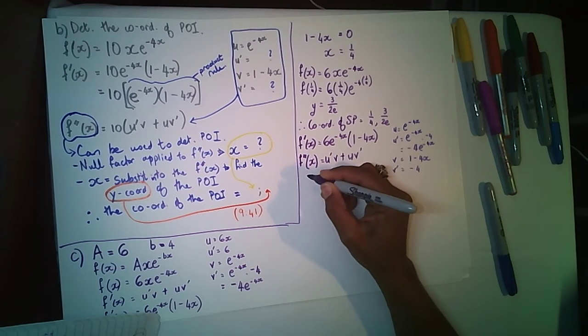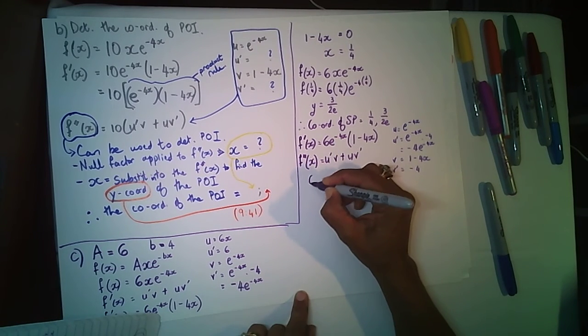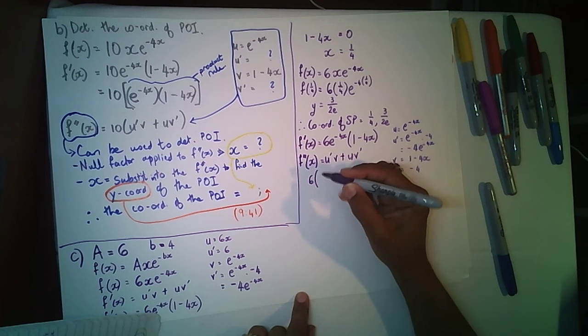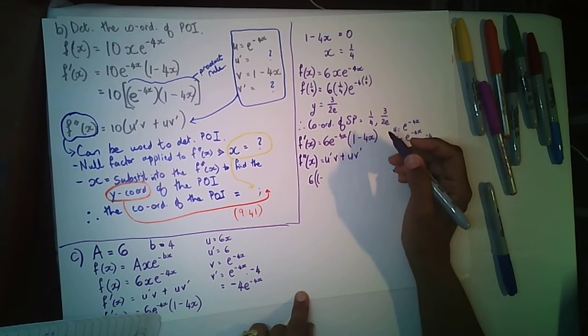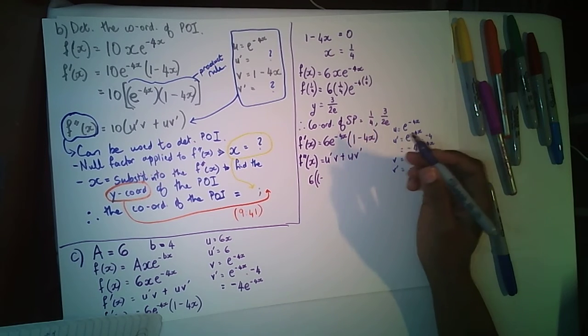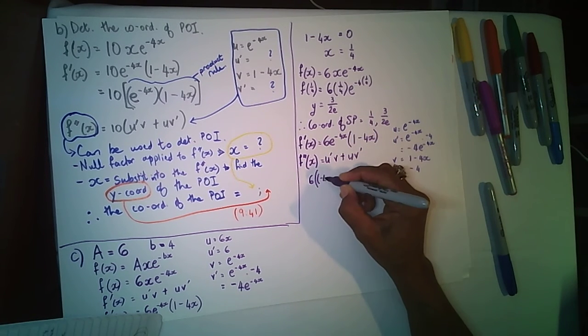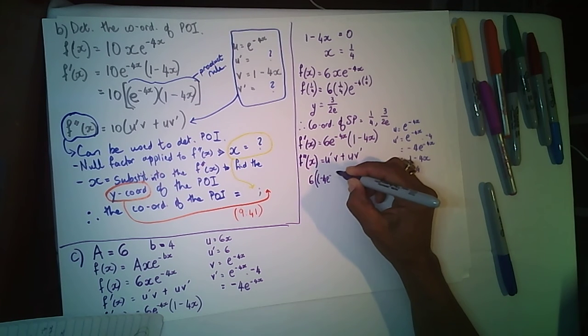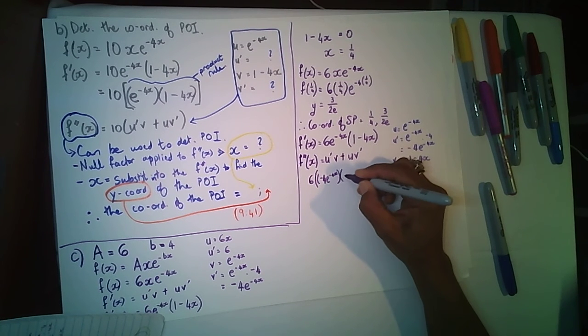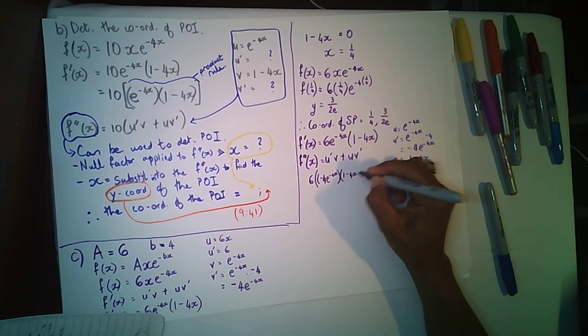So your function would essentially look like this. 6 with a wide open bracket, and you've got your negative 4e to the minus 4x times the component.